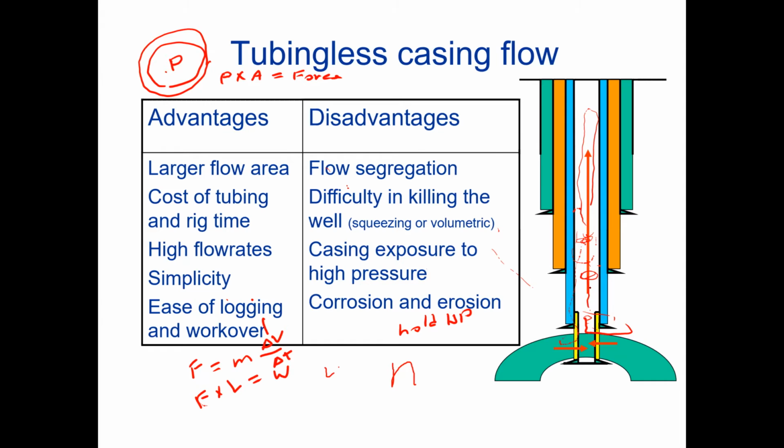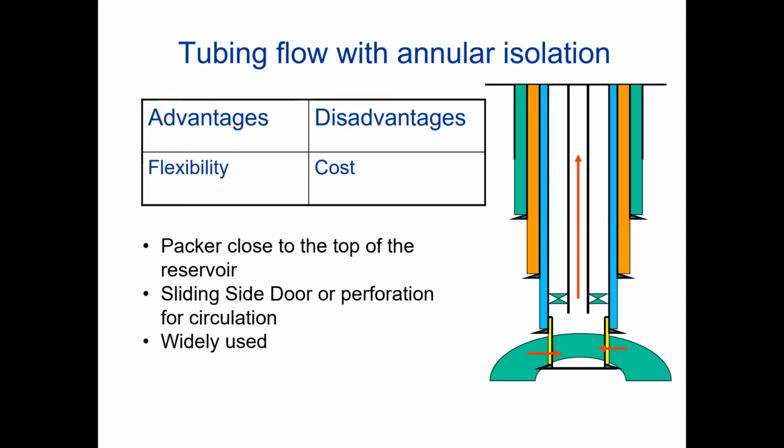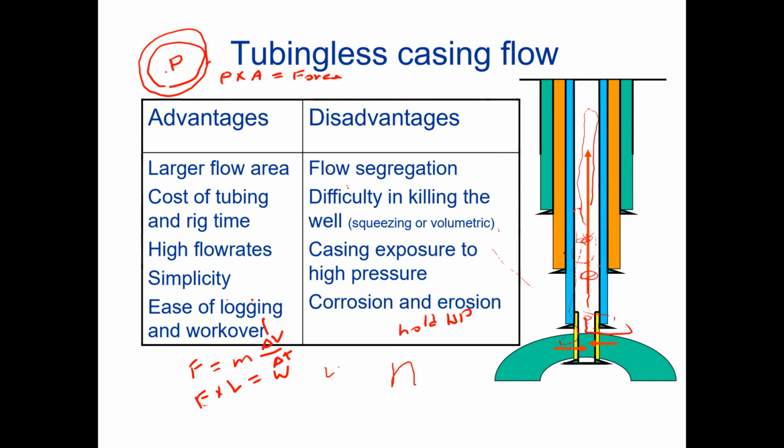So sometimes we need to run coiled tubing to replace it. So one option is squeezing, what is called bullheading. Another one is volumetric.